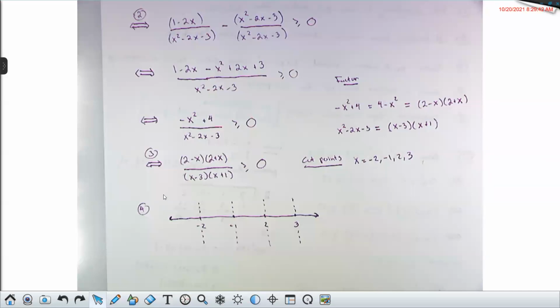Can anybody tell me the sign of this function in the leftmost region? Is it negative again? It is. Yeah, it is negative. That's wonderful.